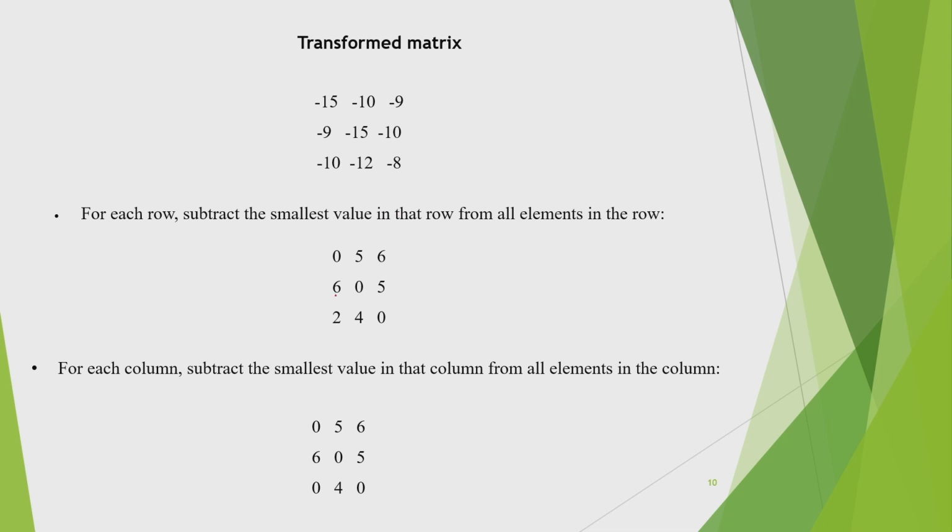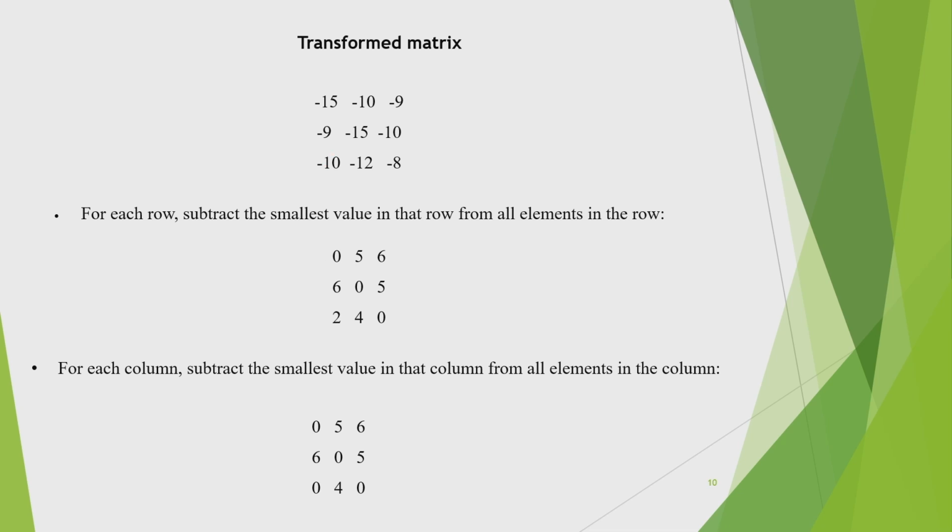You see 0, 5, 6 and here 6, 0, 5 and 2, 4, 0, because minus 12 is the lowest value, that is the smallest value in the row, and you subtract it from all elements in the row. So you get 2, 4, 0 like that. So it is basically penalty type of thing only: this is 12, but here it is 10, so it will be a penalty.